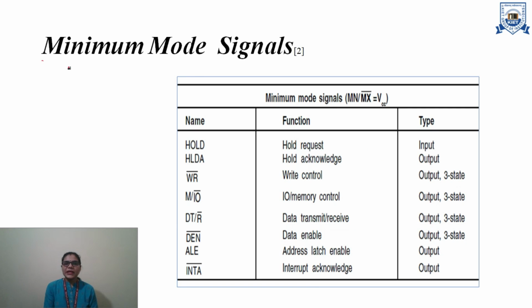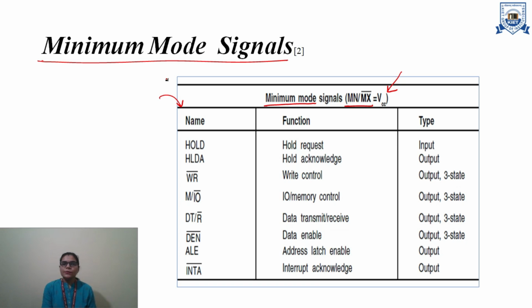Now we will see the minimum mode control signals, the signals which are generated by 8086 microprocessor when it works in minimum mode. So we have a list of control signals. As we discussed, minimum mode will be started by applying logic 1 or VCC at mode selection pin.